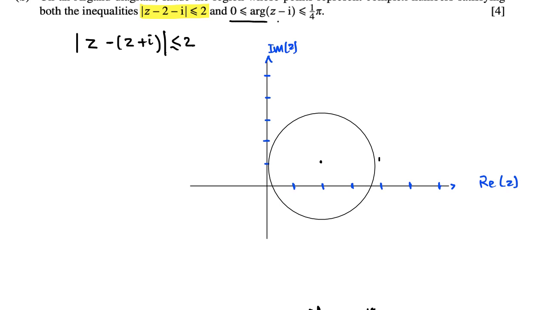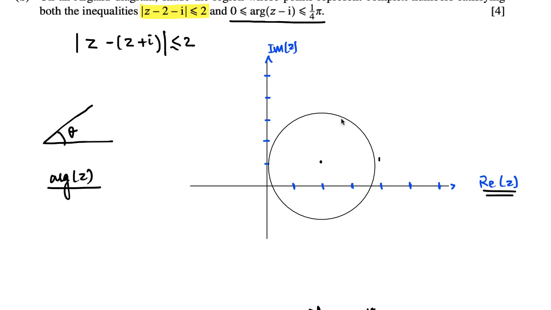this argument. Argument means the angle theta. Now, when we say argument of z, it means the angle from the real part, at the origin. Now argument of z minus 1 means this line, the real part.